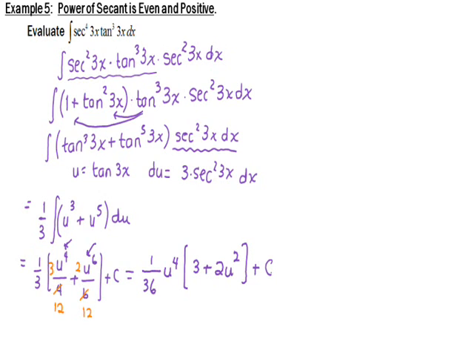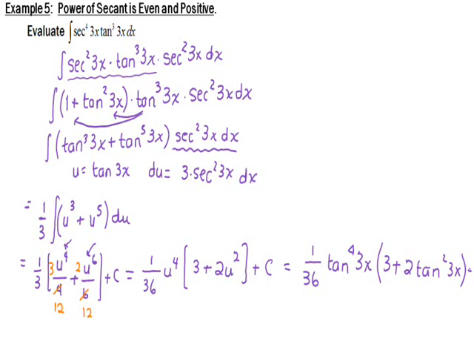Now once that factoring has taken place, it's quite simple to go ahead and back substitute my tangent of 3x. So I would have the tangent to the 4th power of 3x along with my 1/36 times 3 plus 2 tangent squared of my 3x.